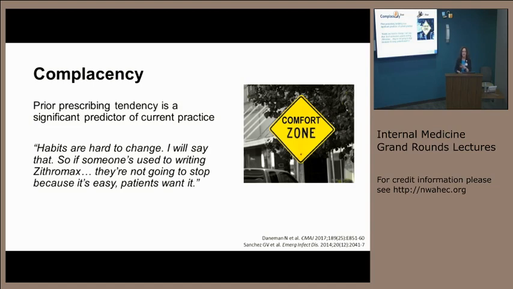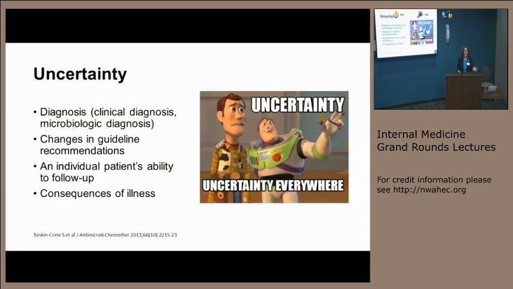And then complacency also comes into play with regard to patient requests or patient satisfaction and just wanting to give in to appease the patient. But remember, there's no correlation between satisfaction and antibiotic prescription. Okay, so how about uncertainty? These concepts are certainly interrelated, but the concept of uncertainty is significant.